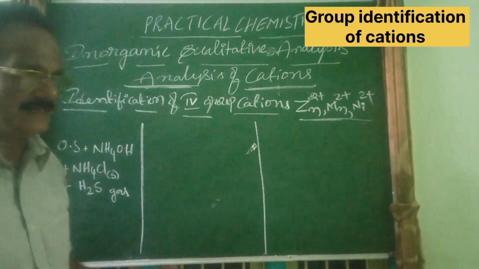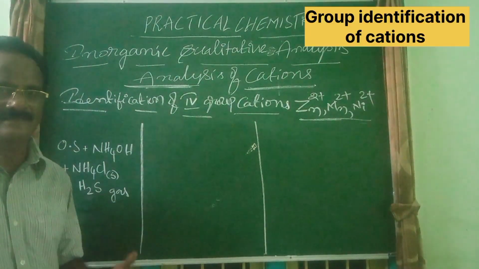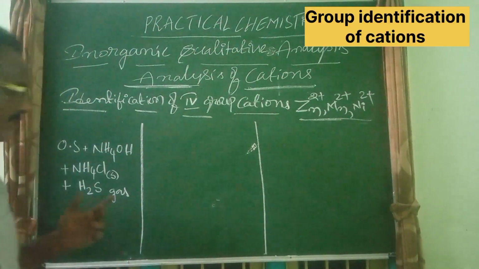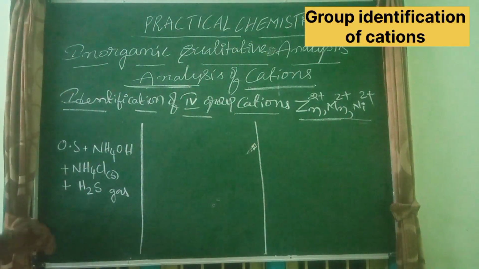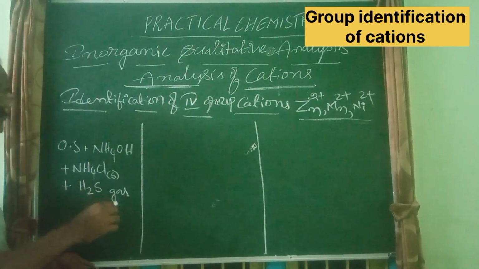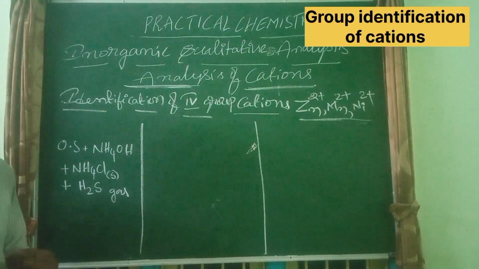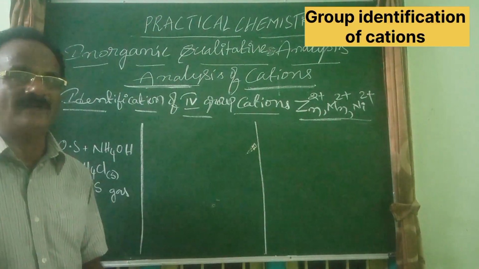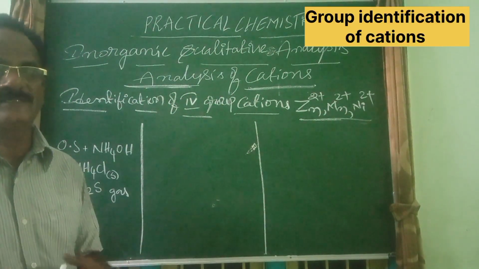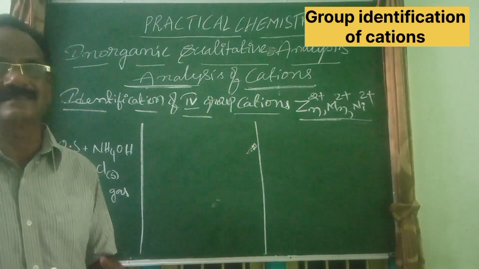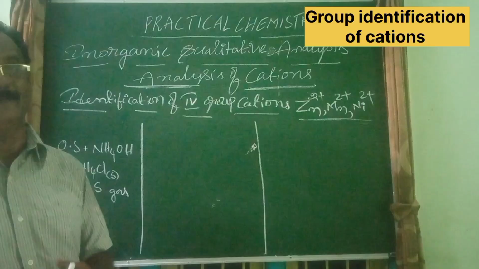Here, while analyzing for fourth group cations, observe carefully, NH4OH, NH4Cl and then H2S is added. Here we are adding H2S in basic medium. Keep in mind, the fourth group cations precipitate as sulfides in basic medium.